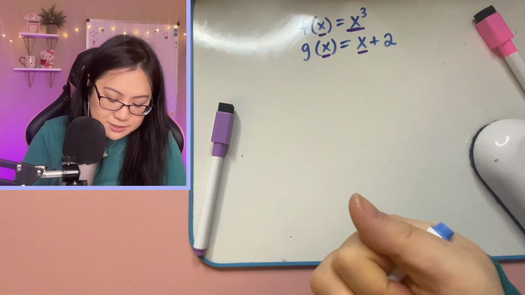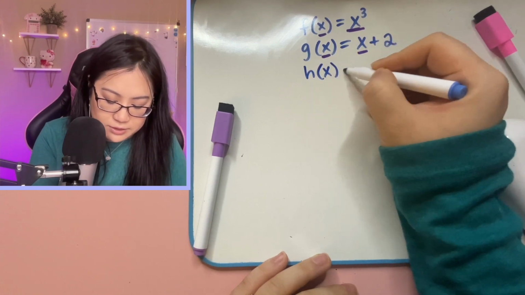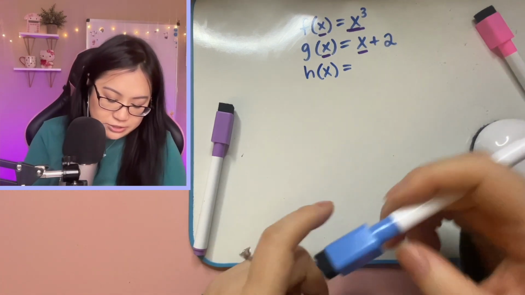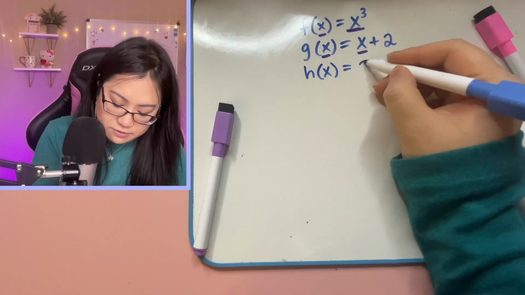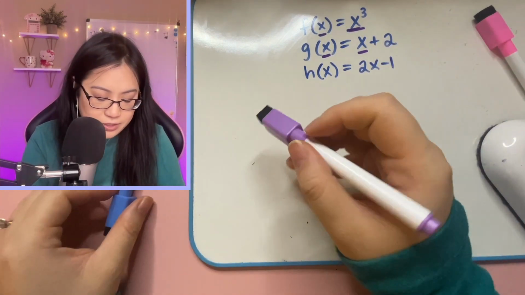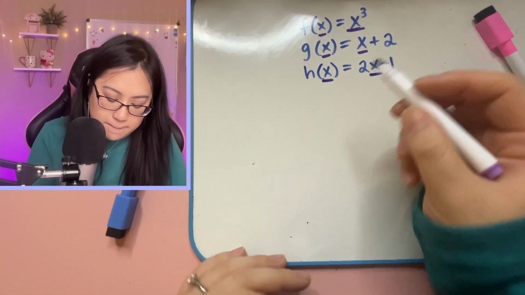So let me go ahead and add one more function here. For the sake of practice, let's just keep it all linear, another linear one, where the domains are all negative infinity to infinity, and the ranges are also negative infinity to infinity.